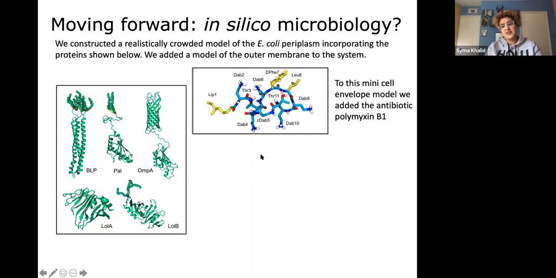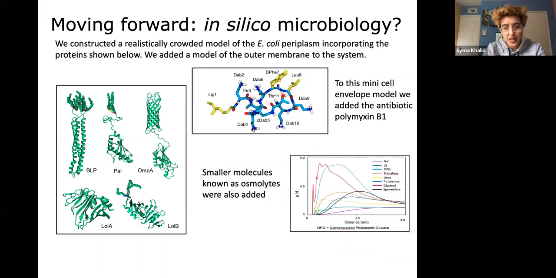So this antibiotic is thought to cause cell death by its action on the inner membrane, right? So to get to the inner membrane, it somehow has to go from the outer membrane across the periplasm. So we threw whole bunches of this into the periplasm. And actually, not only are there proteins in these systems, but there's loads of smaller molecules, right?